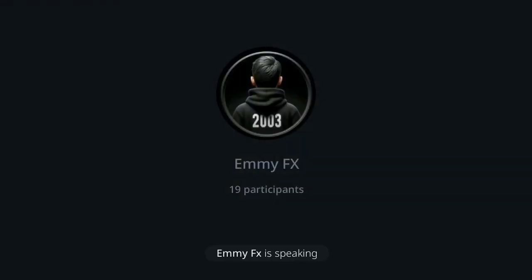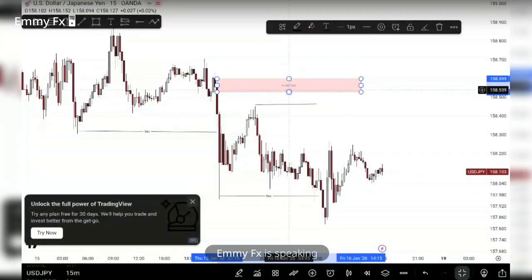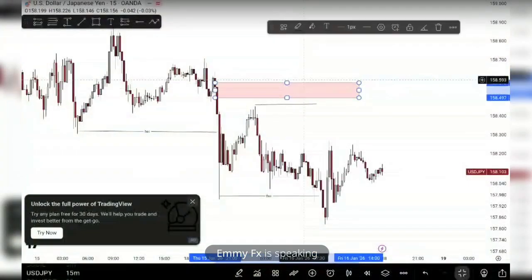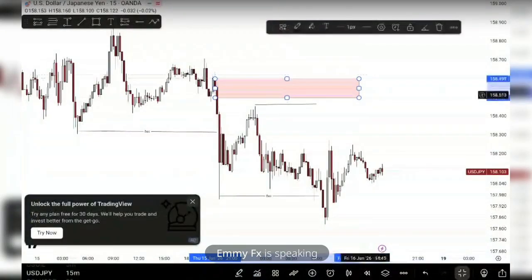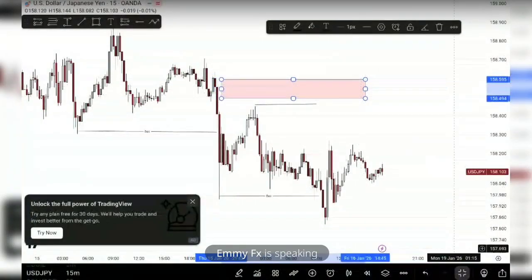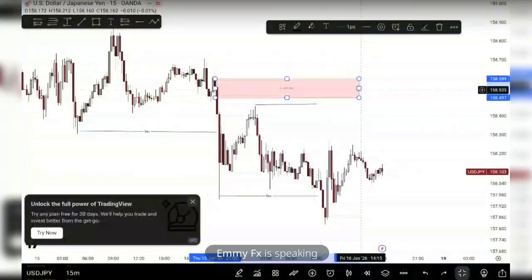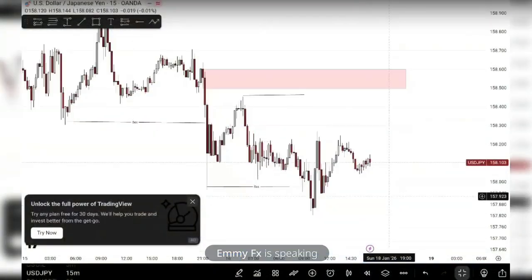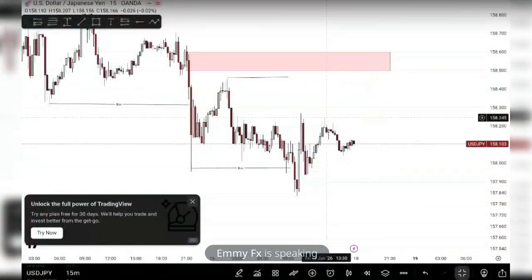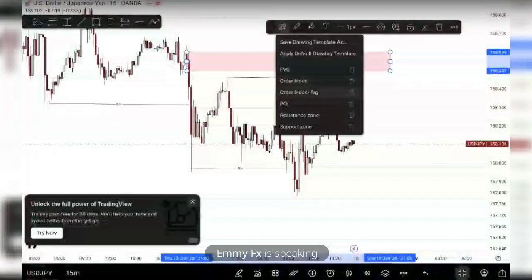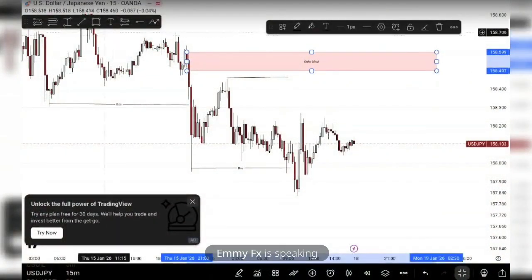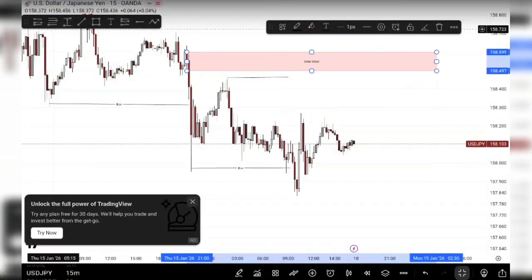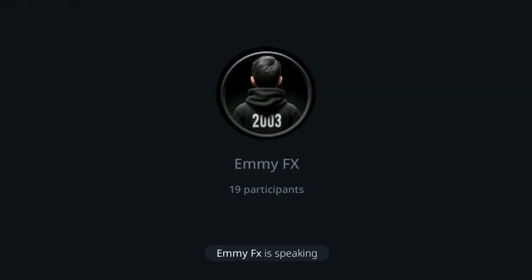So our order block is going to be here. We need price to come back.